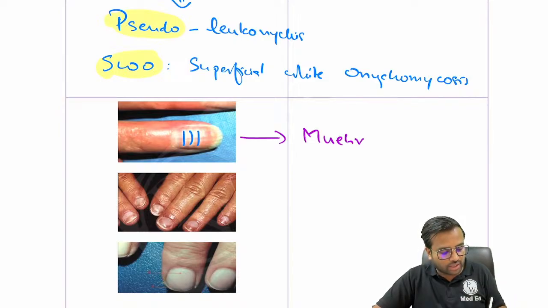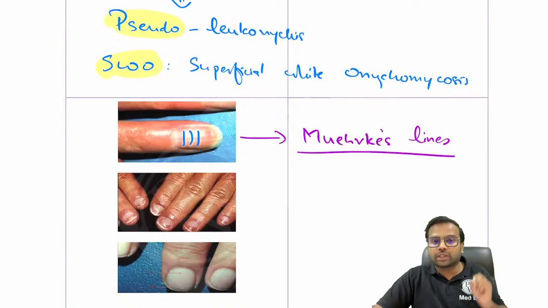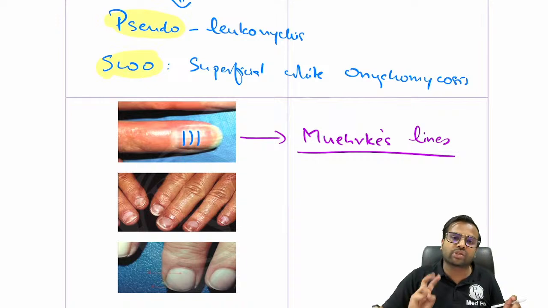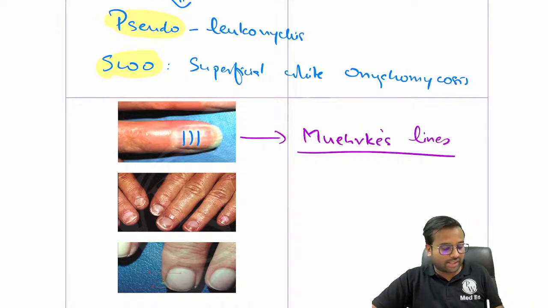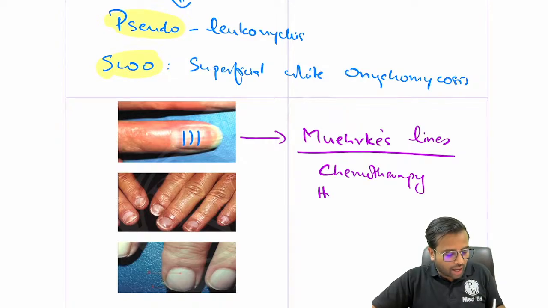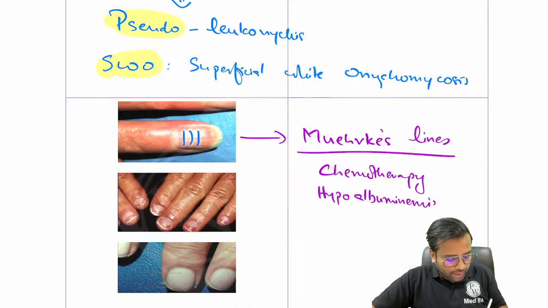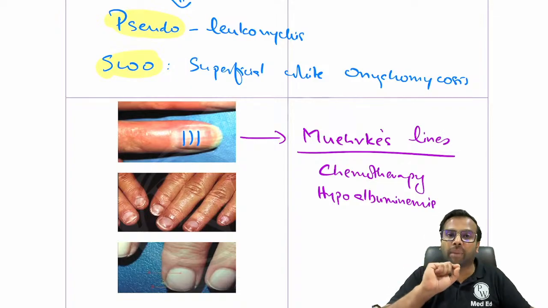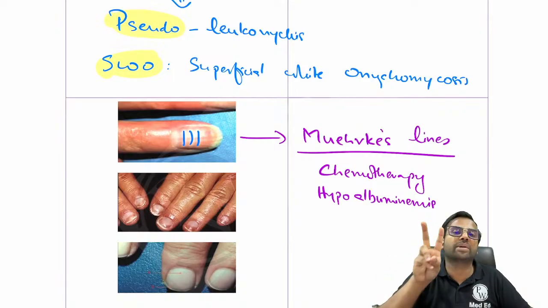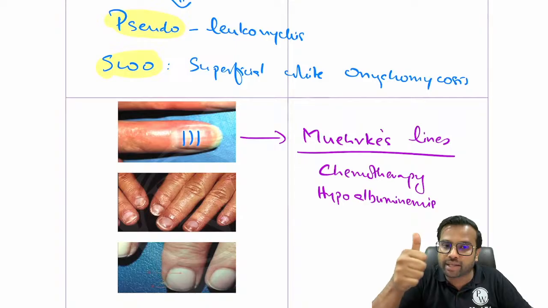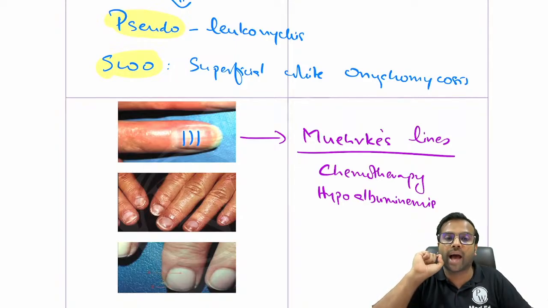How many of you remember two conditions where you can find Muehrcke's lines? Excellent. You can see this in chemotherapy and hypoalbuminemia. So please remember, if you see multiple parallel white lines on the day of your exam, this can be seen in two conditions: either chemotherapy or hypoalbuminemia.